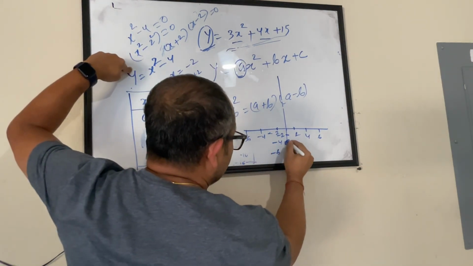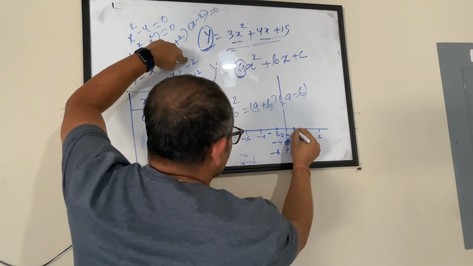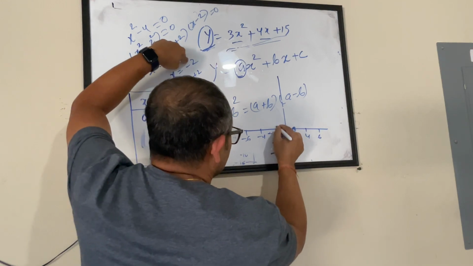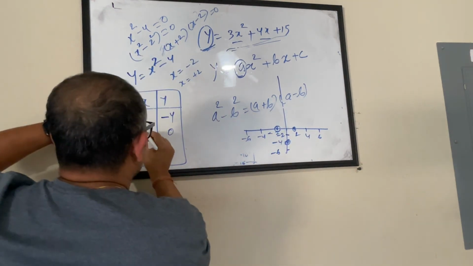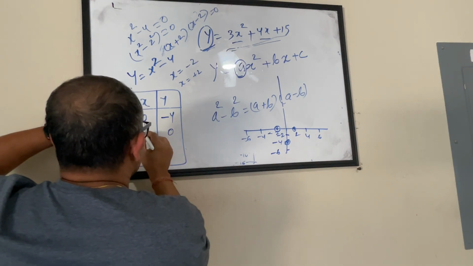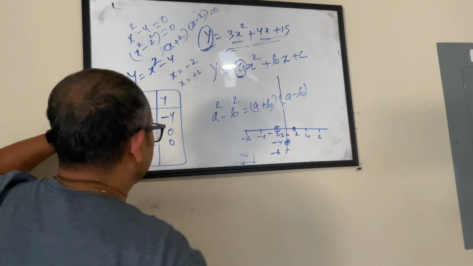This was one point. When I put y equals 0, I got two values for x, so 2 and minus 2. See, 3 points we got. You can probably play with it.